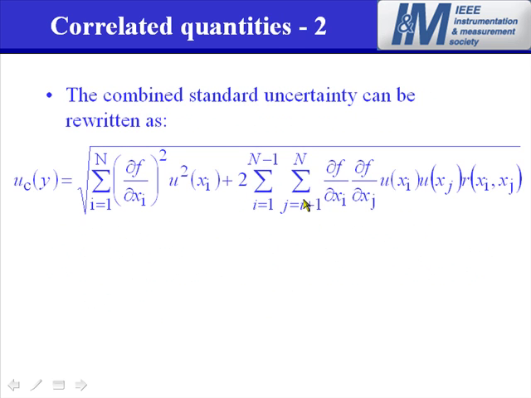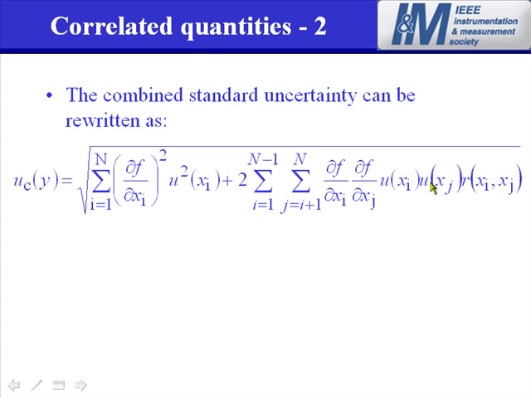So if you use the correlation coefficients in the previous relationship instead of covariances, then the combined standard uncertainty is given by this relationship here, that is perfectly equivalent to the previous one. It's just a bit more convenient to use, since it is written in terms of only the standard uncertainties.